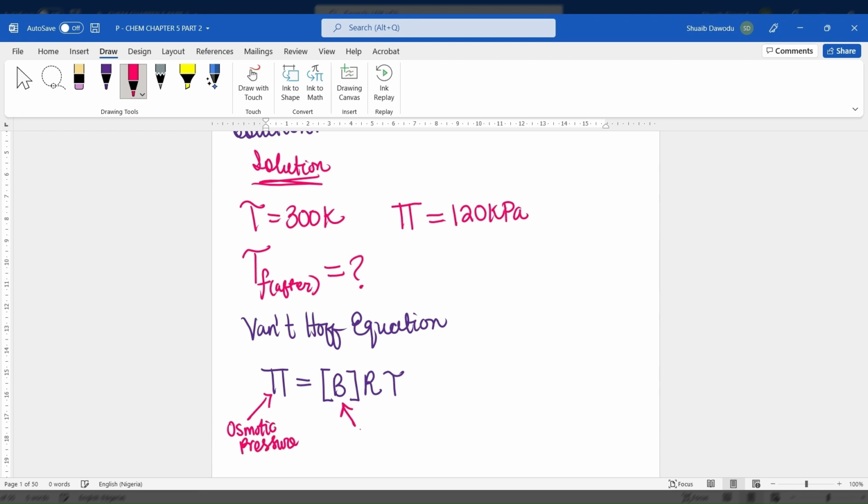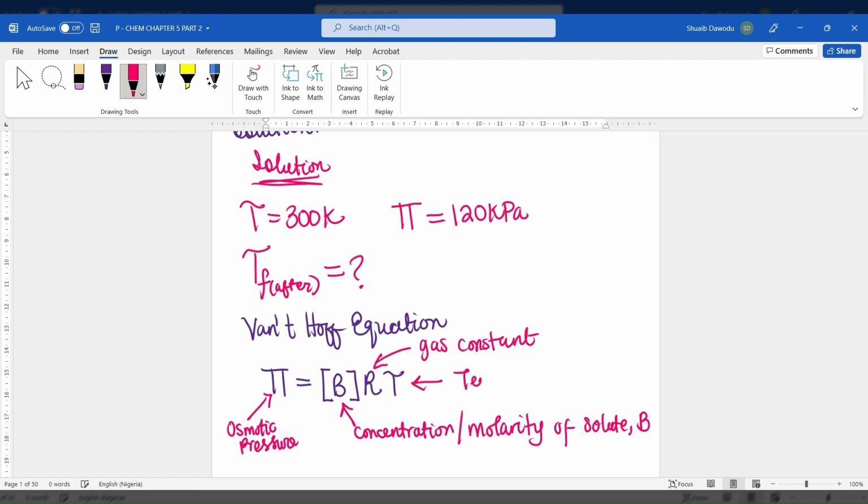Here, this is the concentration or the molarity of the solute, and we denote the solute with the symbol capital B. We have R, which is simply the gas constant, and of course we have T, which is simply the temperature.